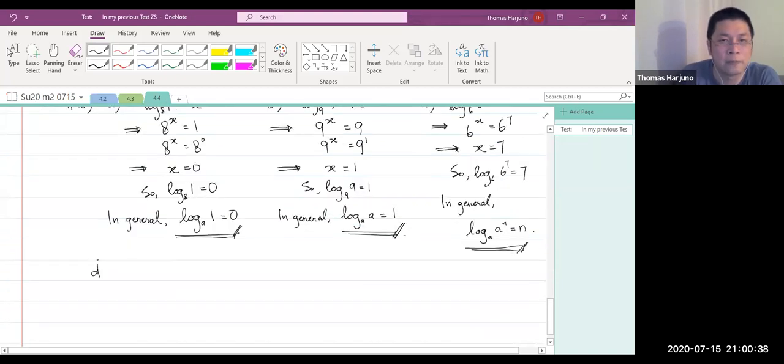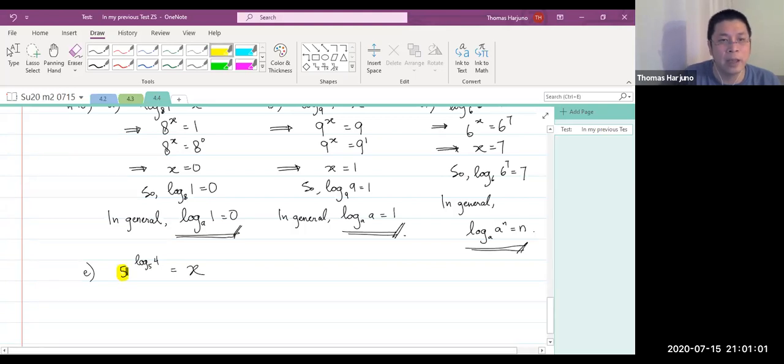Part E. Last one, and I will continue tomorrow. 5 to the log base 5 of 4 equals what? Let's call that x. We will see this as exponential form.